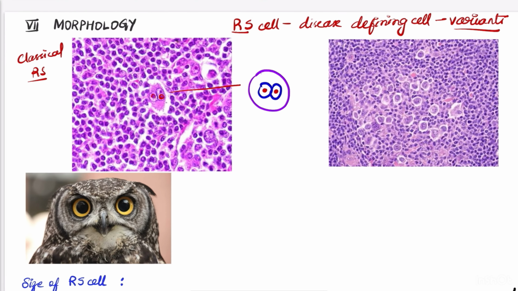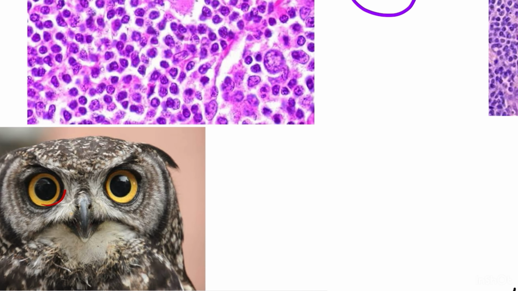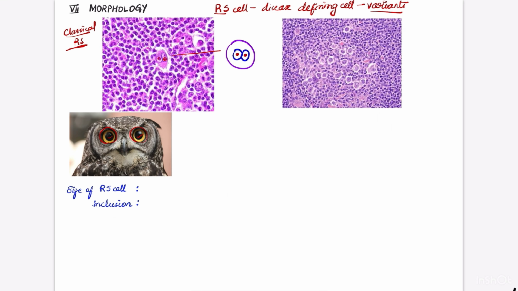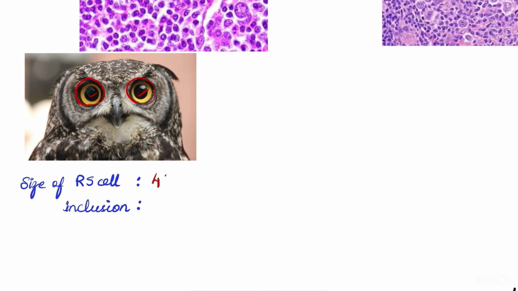It gives an appearance of an owl's eye. This is called a classical Reed-Sternberg cell. The size of the Reed-Sternberg cell ranges up to 45 microns, and the size of the eosinophilic inclusion is 7 microns.